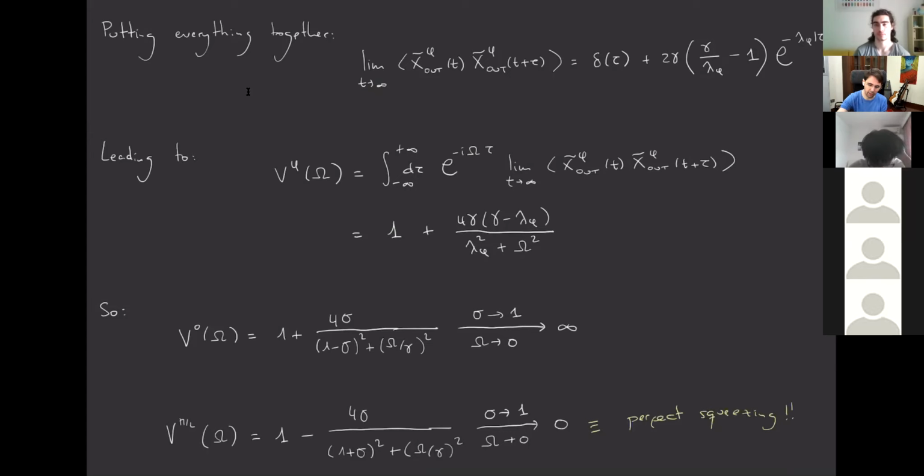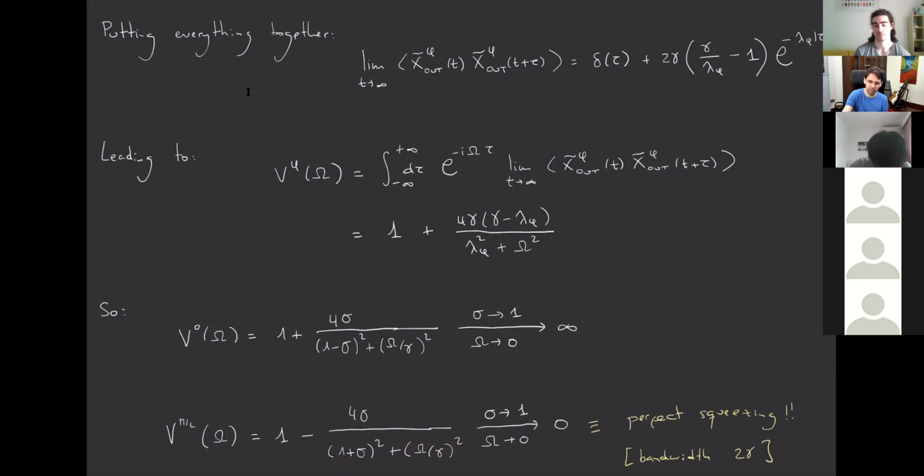In particular with a Lorentzian shape, you see that this is a Lorentzian shape in the frequency omega, in the noise or detection frequency, which means that you get a bandwidth in the perfect squeezing that is 2 gamma, okay?